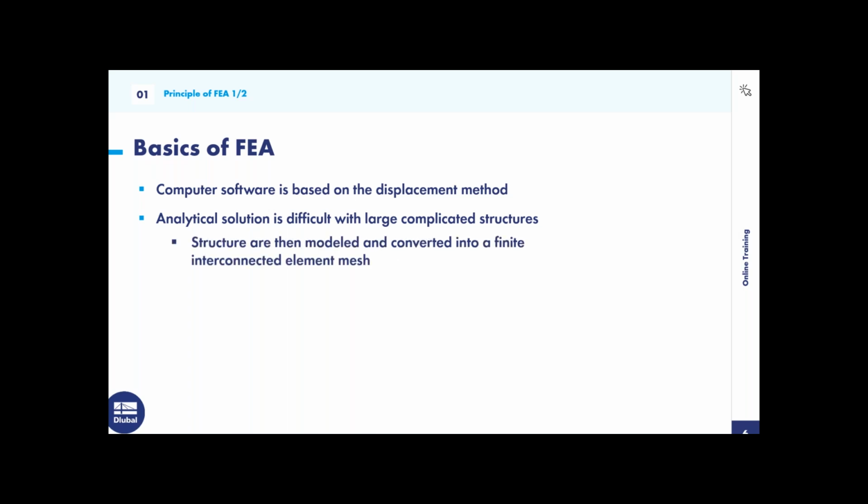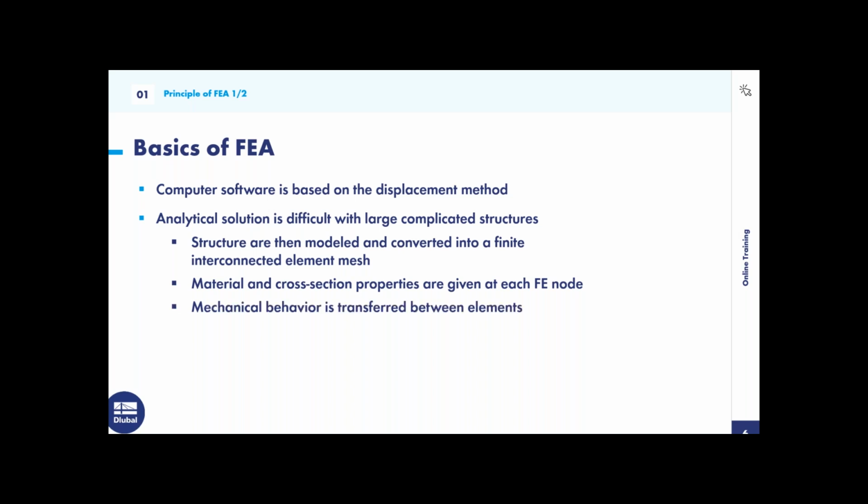So basically, structures are modeled and then converted into finite interconnected element meshes. And then the material and cross-section properties are given at each FE node. And the mechanical behavior is transferred between these elements.